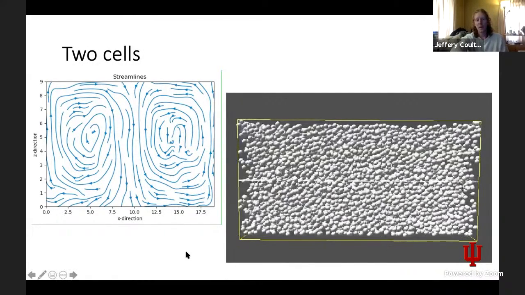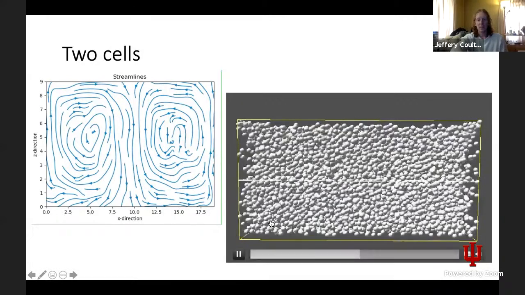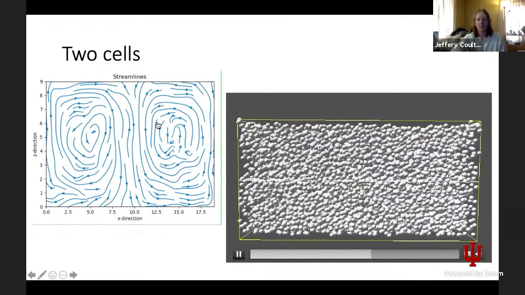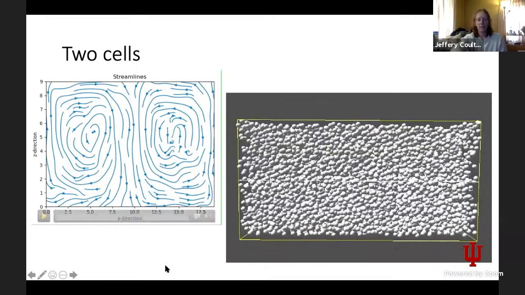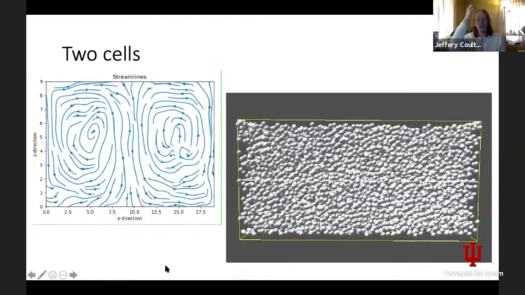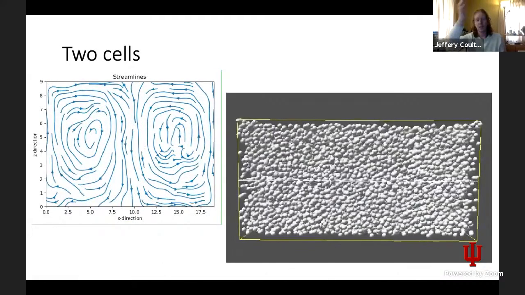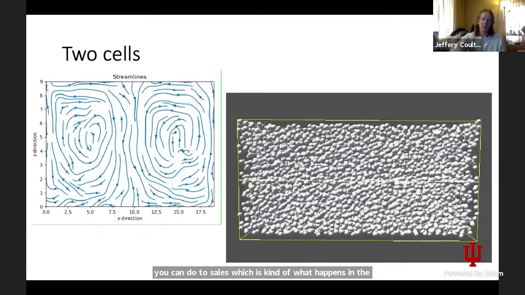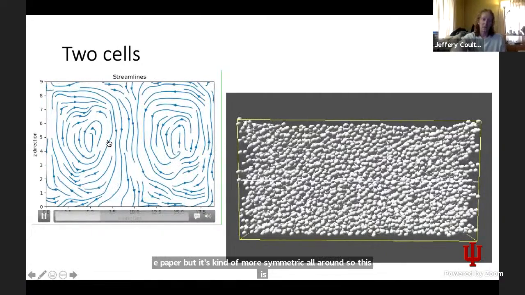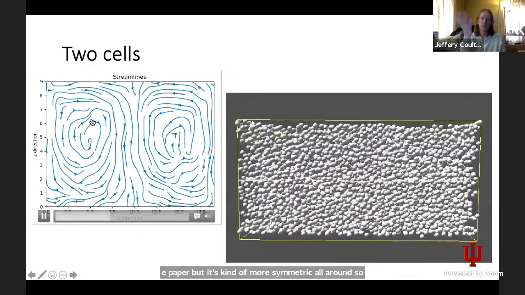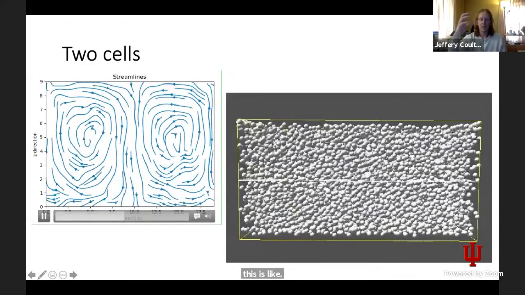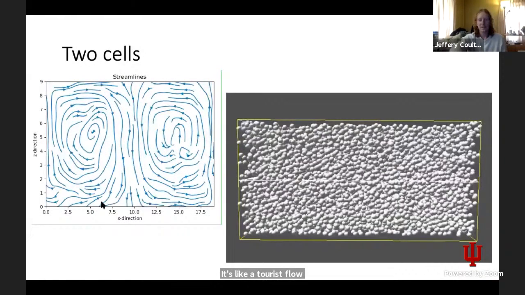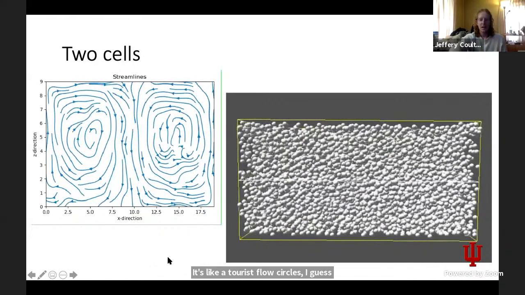And I found some parameters for the potential that show that you can do two cells, which is kind of what happens in the paper, but it's more symmetric all around. So it makes like a torus of flow circles, I guess. And that is all right now.